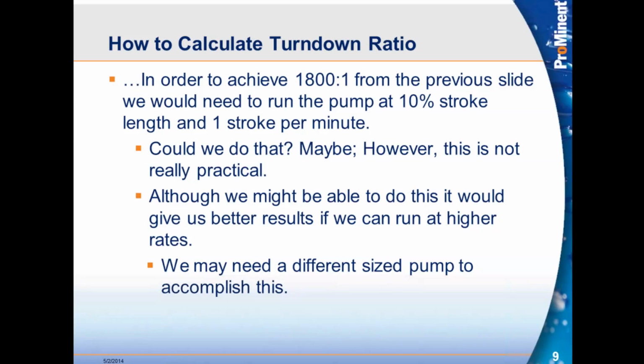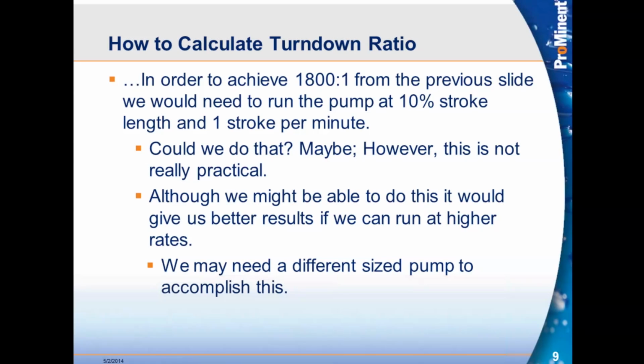But if we took and turned the stroke length down to 10%, turned the frequency up a little bit more often, so now we have 1/10 of an ounce going in. We would need it to go in every 6 seconds, right?